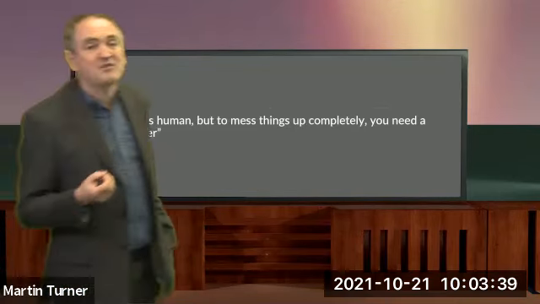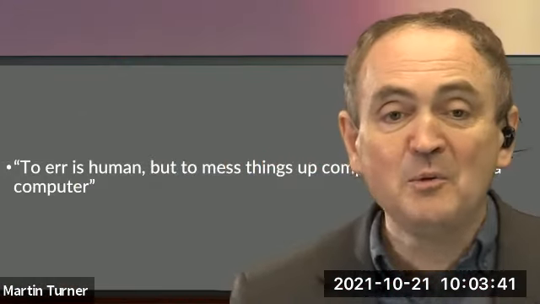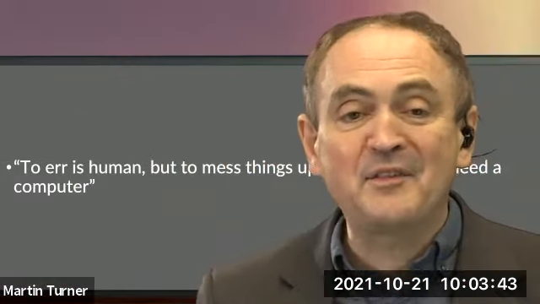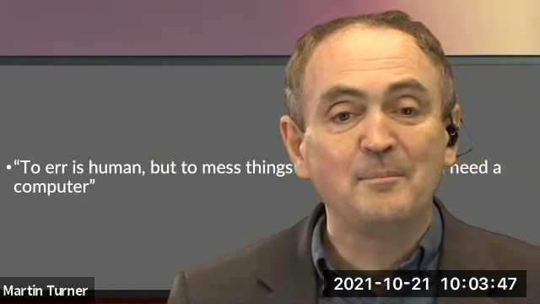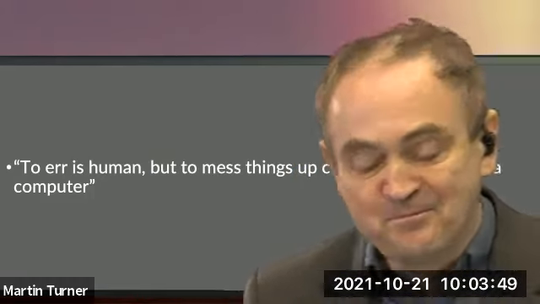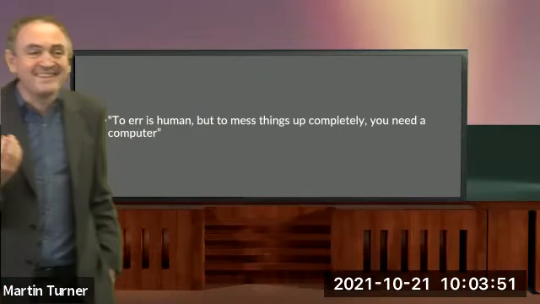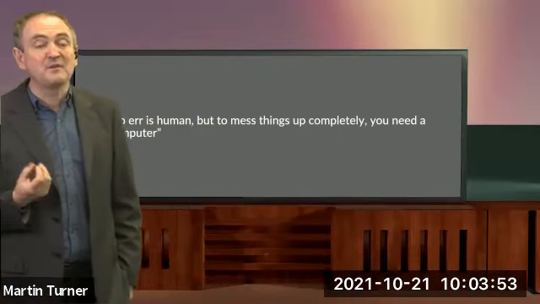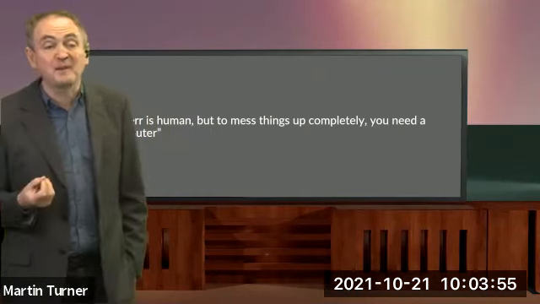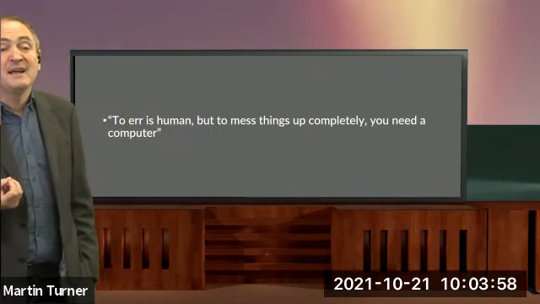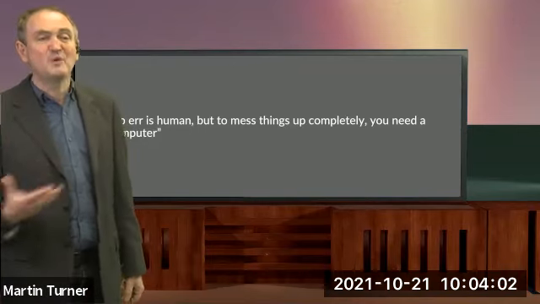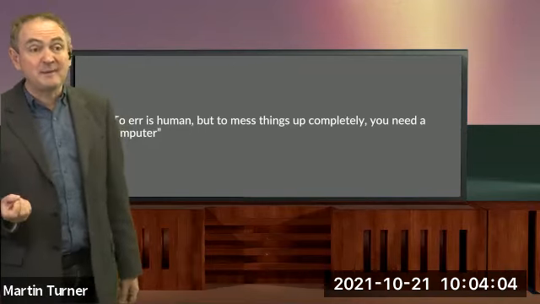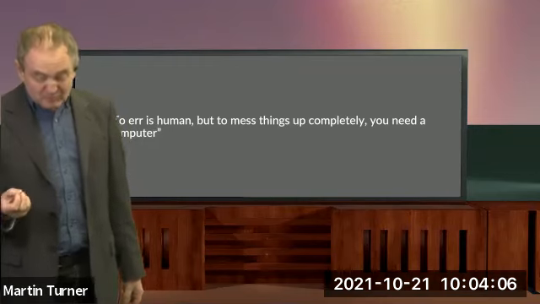They say that to err is human, but to mess things up completely, you need a computer. And that's often been the case, that huge problems have been created by automation. And so content design is something that designers do not want to hand over to the data people, because it could go horribly wrong.